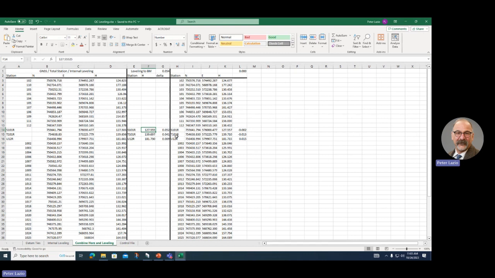Now, for your own peace of mind, I generally try to do a tie into the base benchmarks. Here I could prove that my worst miss of a benchmark is 700s. I take the average of those two, and just like we did before, I apply that average. You could give the cell a name, and I call it the bias over there. Every one of these elevations is this elevation plus the bias.